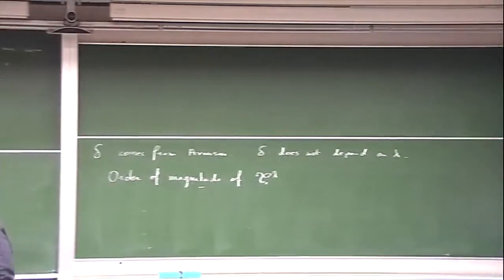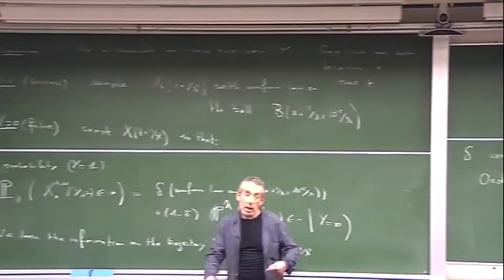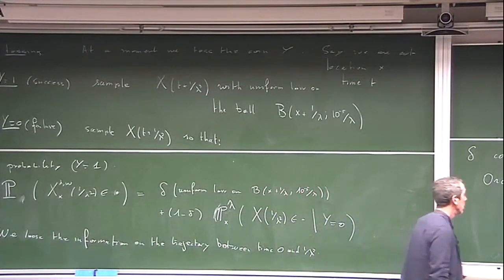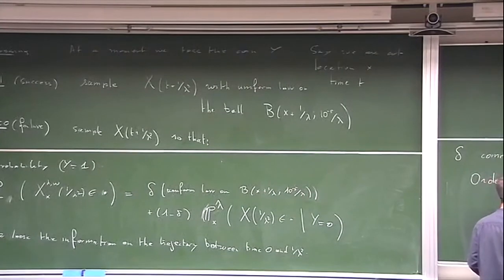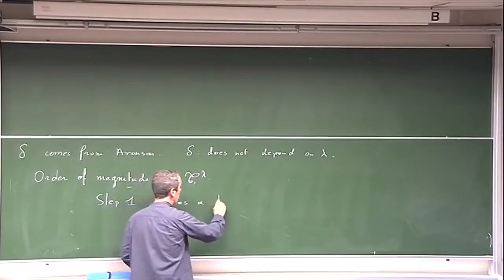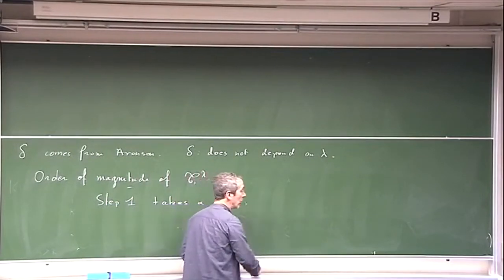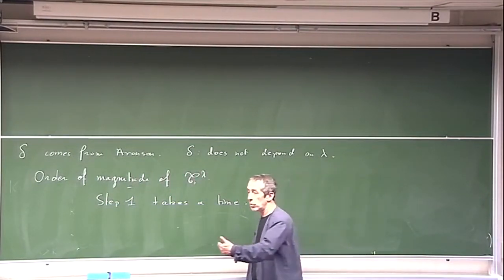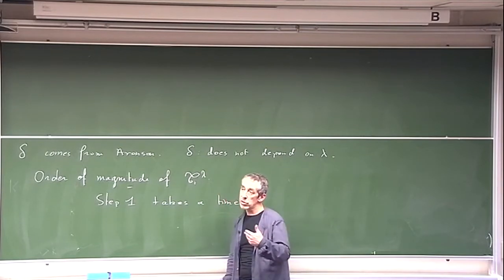So there are different things we should do. First, we should run step 1. Step 1 takes the time it takes for the diffusion to proceed a distance 1 over lambda.